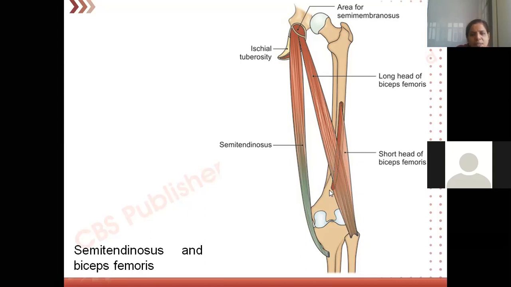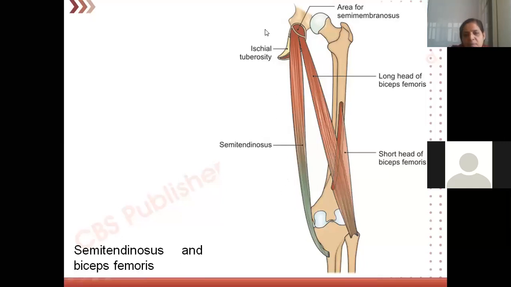Now coming to the insertion, see semitendinosus. Do you remember we had three muscles which were guy-ropes, getting inserted on the medial aspect of the shaft of the medial condyle of the tibia? Gracilis, semitendinosus, sartorius.